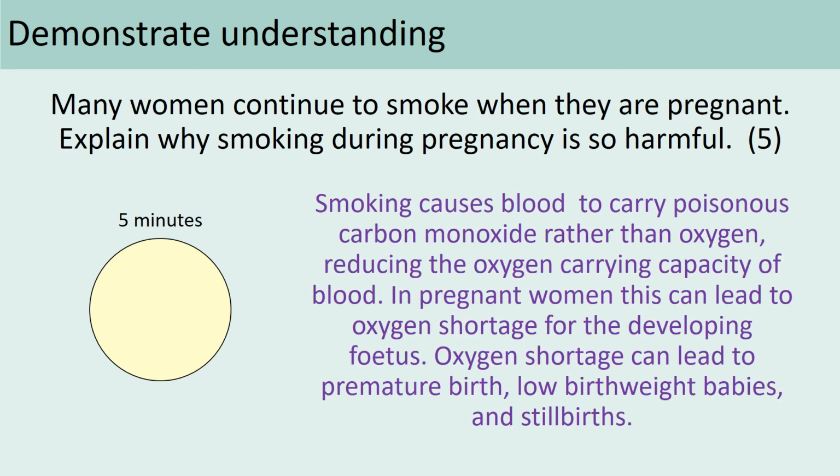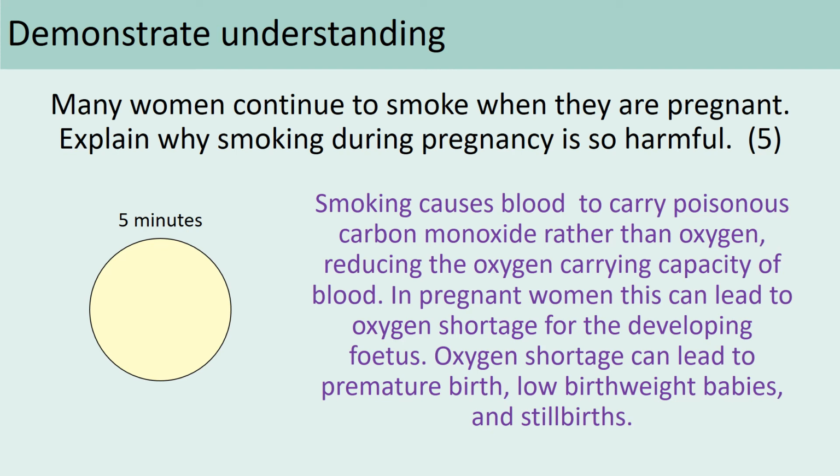So one of the marks will be if you talk about carbon monoxide in the blood. Another mark would be that would reduce the amount of oxygen in the blood. If you said that would leave less oxygen for the developing fetus, then that would be a mark.